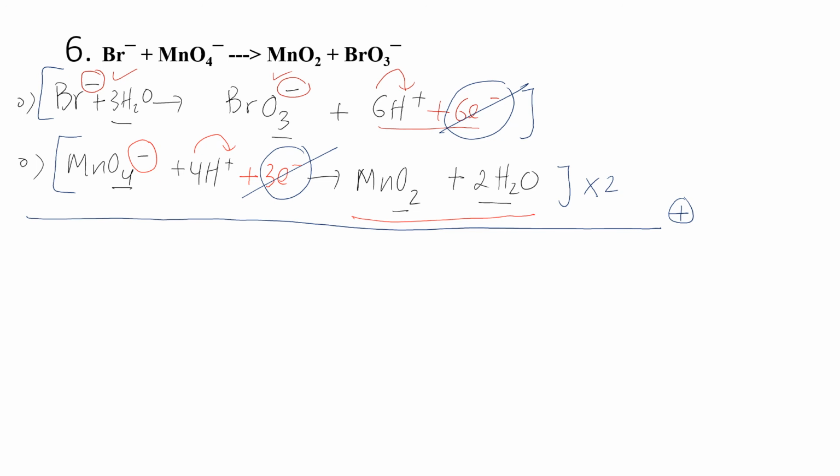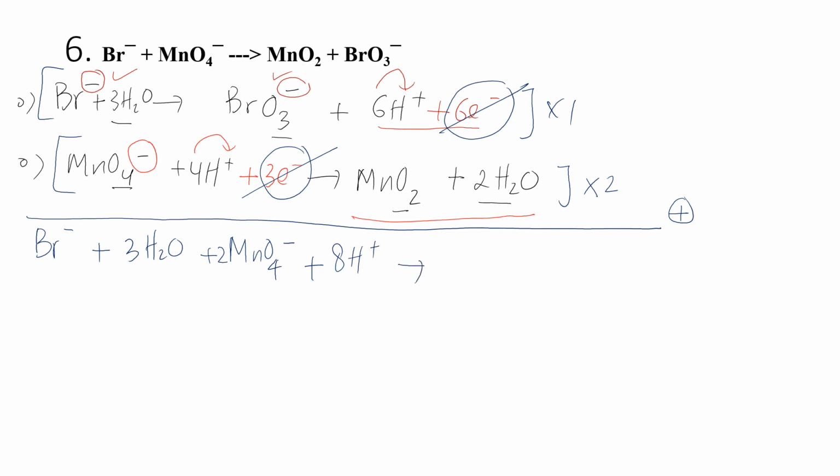Left hand side you have, this is times 1, yeah, Br minus plus 3H2O, the second part, plus MnO4 minus plus, here times 2, plus 4 times 2, 8H plus.